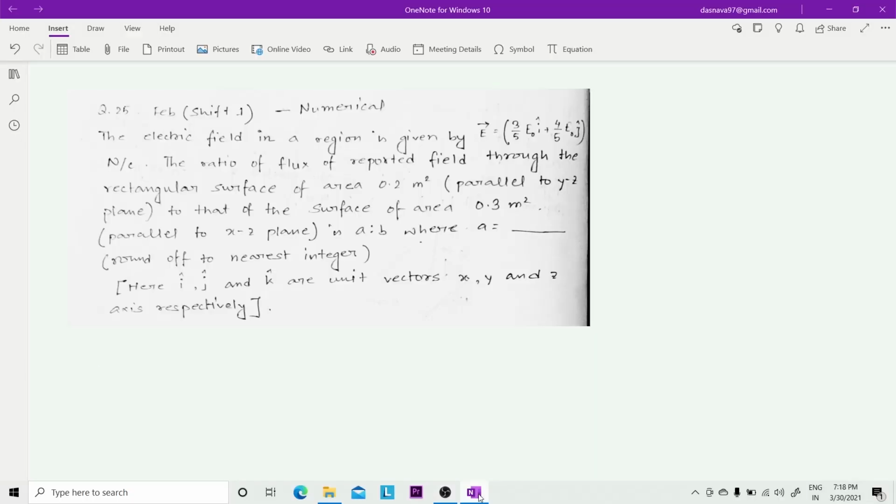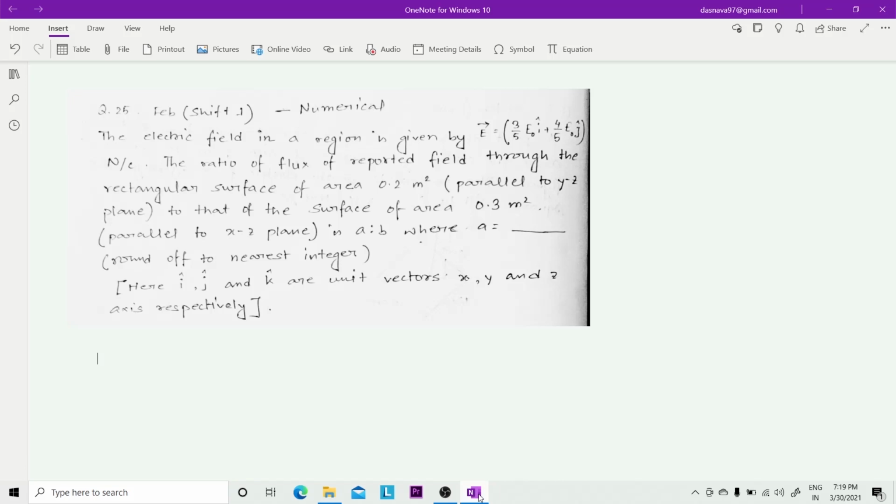So we'll start with the next question, in which it says that the electric field in a region is given by E equals 3 by 5 E0 i cap plus 4 by 5 E0 j cap Newton per coulomb. The ratio of the flux of the field through a rectangular surface of area 0.2 meter square, which is parallel to the YZ plane, to that of a surface of area 0.3 meter square parallel to the XZ plane is A is to B, where we have to find A. Here i cap, j cap and k cap are unit vectors along the x, y and z axis respectively.